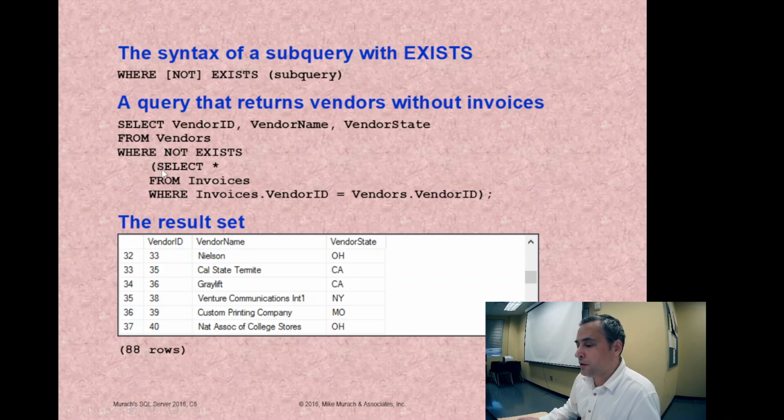That's the purpose of the subquery. And the big query retrieves the data from vendors where the results of the subquery do not exist. So where for this vendor ID, there are no invoices. And that gives the same results as a couple of queries we have seen earlier, one with a join, another with a different subquery.